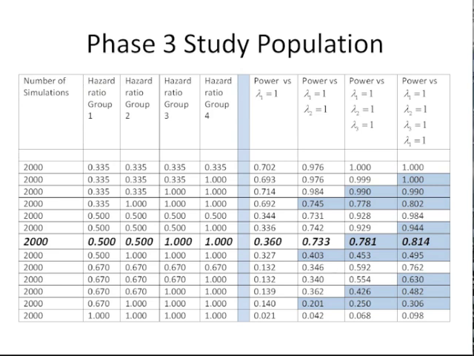Okay, so here we have a table that presents a subset of the simulation results discussed previously. In the case where the hazard ratio is 0.5 for subjects with marker expression greater than the 50th percentile and 1 for subjects with marker expression less than the 50th percentile, the row that is bold-faced on the slide, we see that the power to reject the null is 0.733 when testing lambda 1 equals 1 or lambda 2 equals 1, that is when testing in subjects with marker expression greater than 50th percentile.